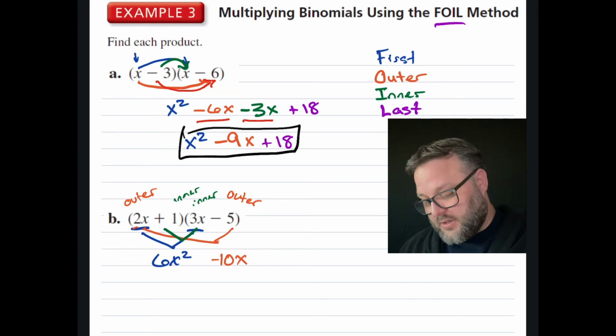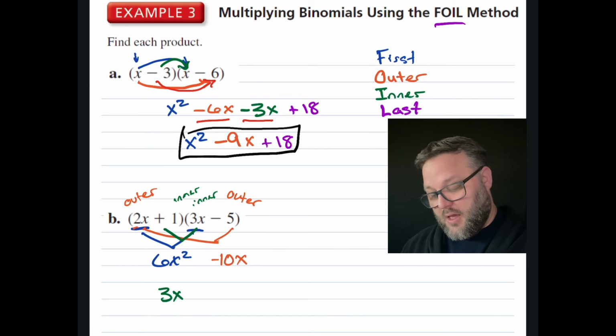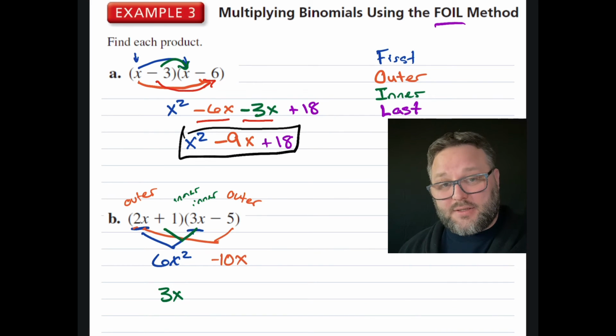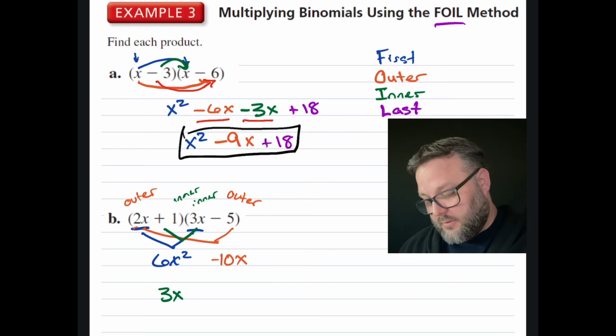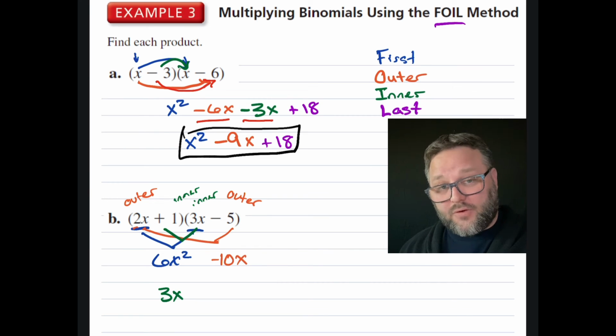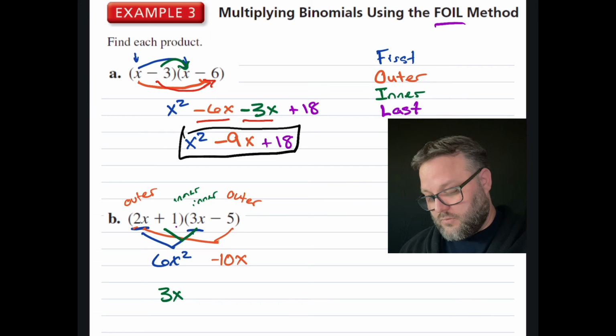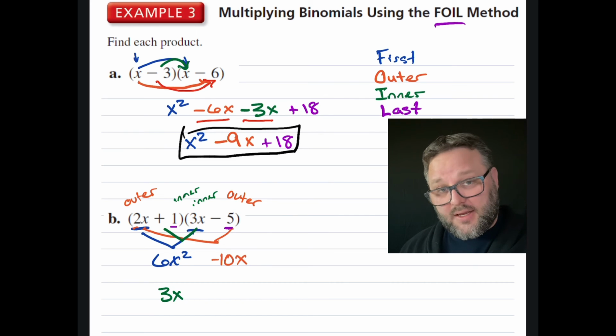Now that's going to be 1 times 3x, which is 3x. And then I've got my last terms. Well, this one is my last term of the first group. This -5 is my last term of the second group.